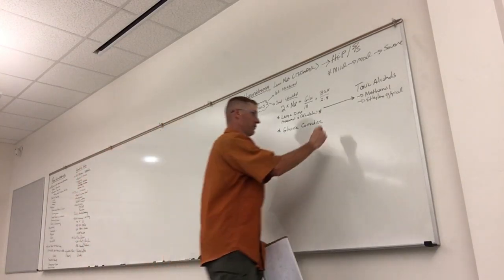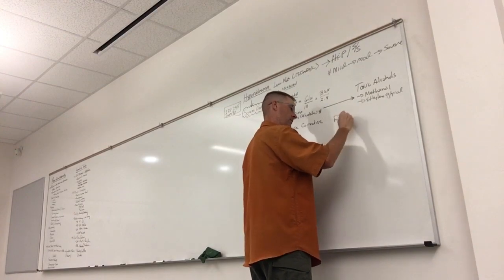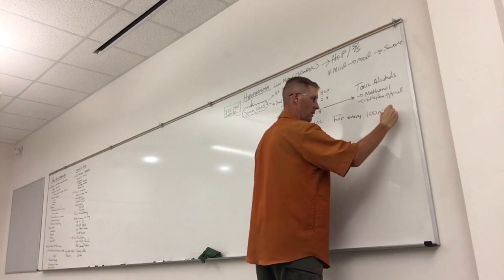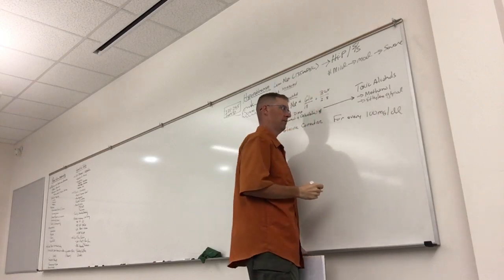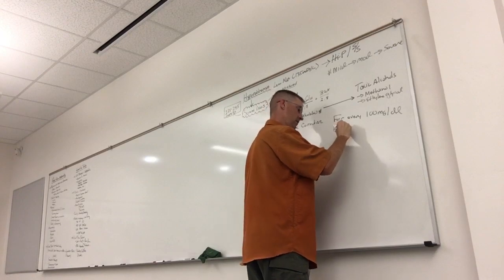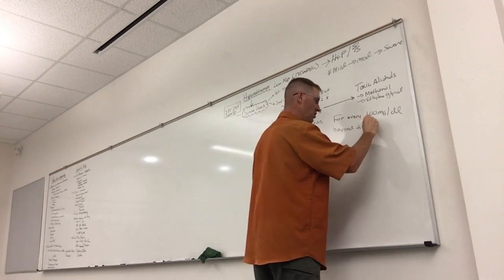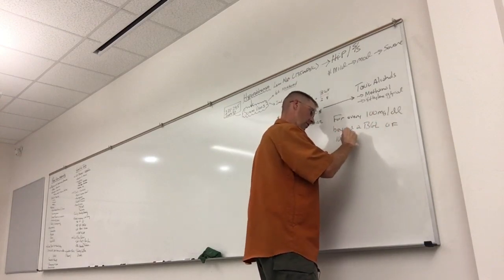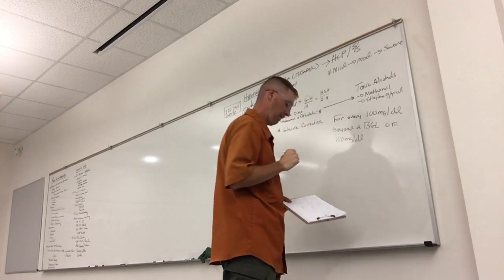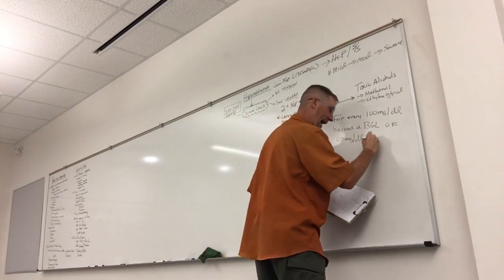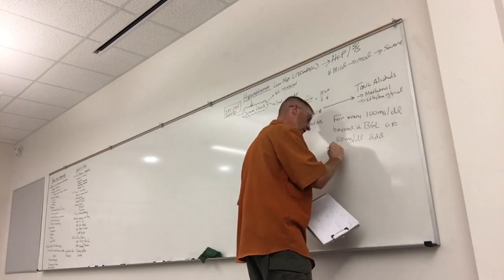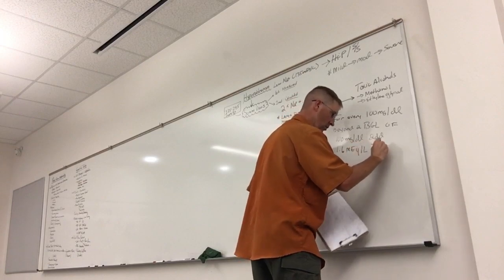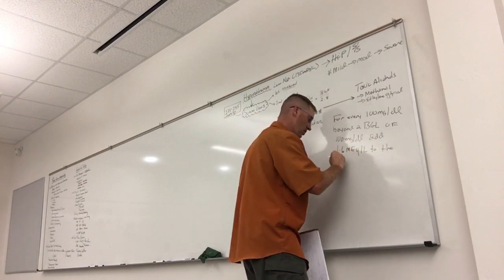And the rule of thumb is for every 100 milligrams per deciliter beyond a BGL, blood glucose level, of 100 milligrams per deciliter, you're going to add 1.6 milliequivalents per liter to the measured sodium.